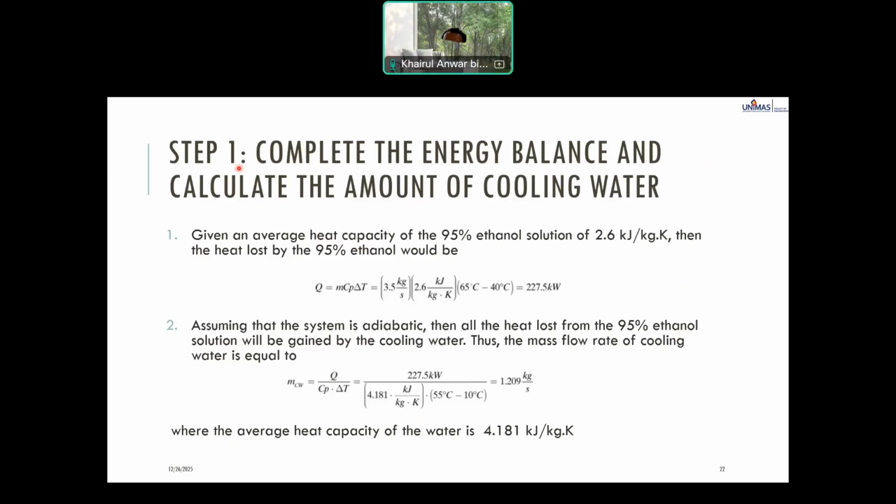Given an average heat capacity of the 95% ethanol solution of 2.6 kilojoule per kg Kelvin, the heat loss by the 95% ethanol would be Q equals m Cp delta T, equals 3.5 kg per second, which is the ethanol flow rate, times 2.6, the Cp, times delta T, which is 65 inlet minus 40 outlet.